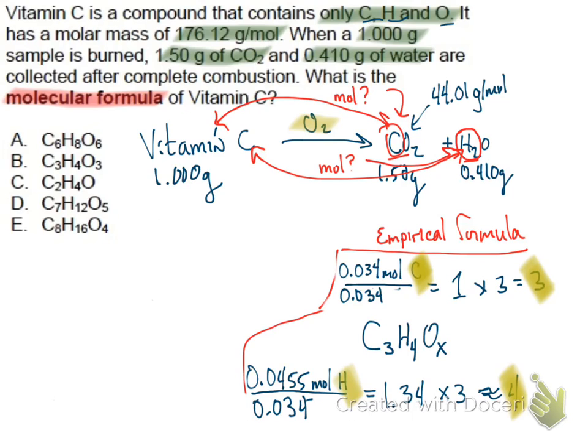Alright, good. Well, we know something. We know how many moles of carbon there were, and we know how many moles of hydrogen there were. And so let's just go ahead and figure out what the mass is.